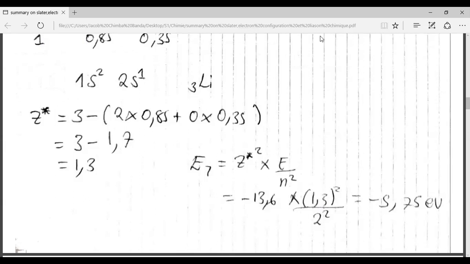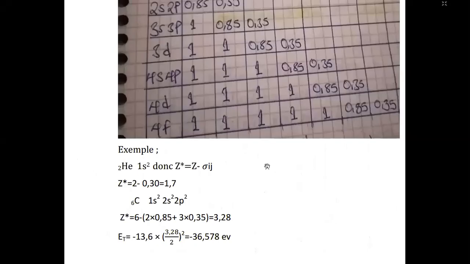So here there's nothing really difficult, it's really easy. You won't find any difficulties, because it's straightforward, and if you just know how to write the configuration, you won't have any difficulties with this.